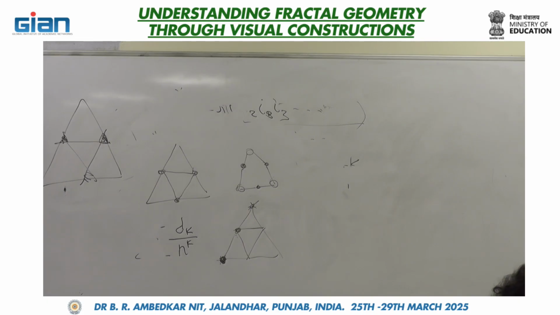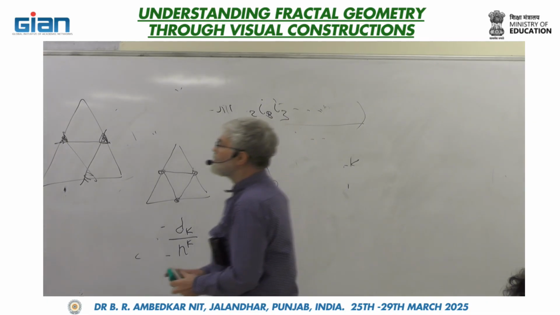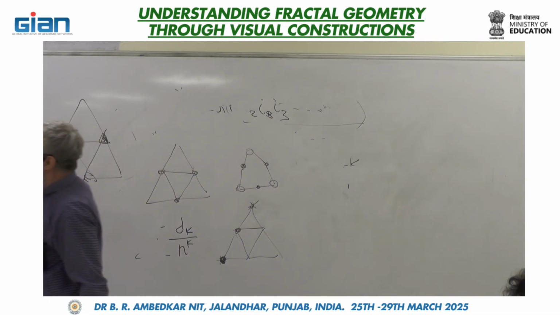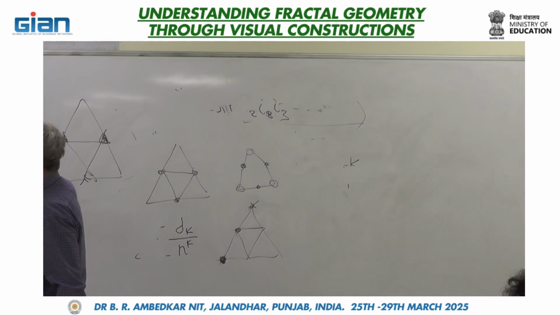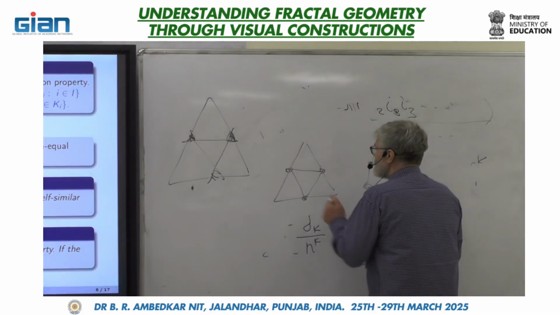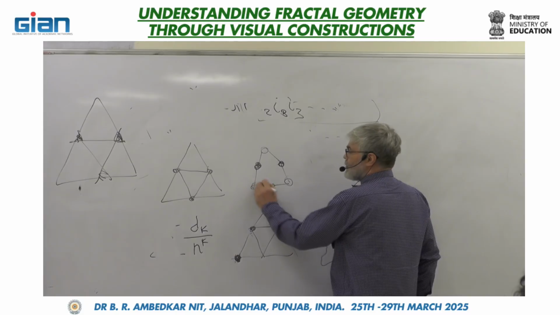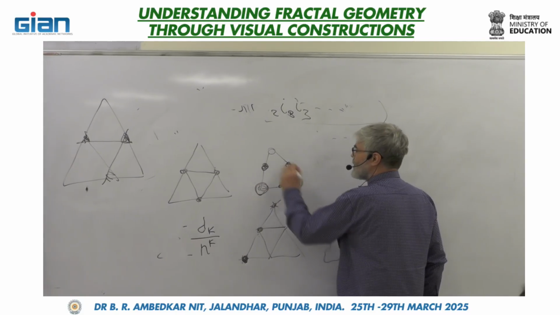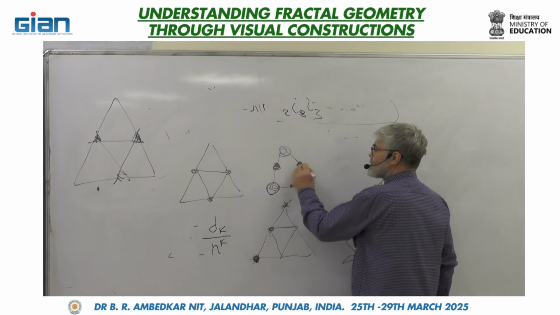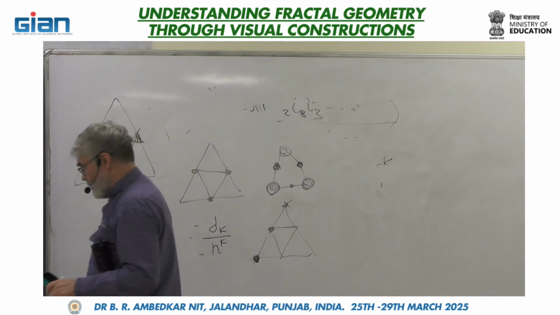And if a continuum possesses the one-point intersection property, like in the case of the Sierpinski gasket, then we can make a more detailed intersection graph with vertices of two kinds. Vertices of one kind are the copies, and the vertices of the second kind are the intersection points.